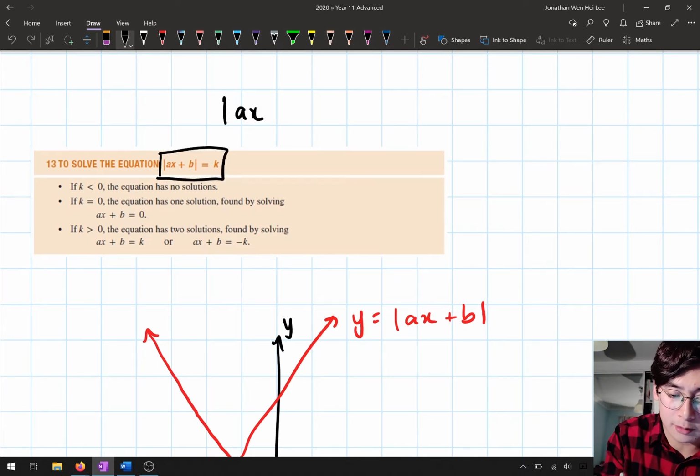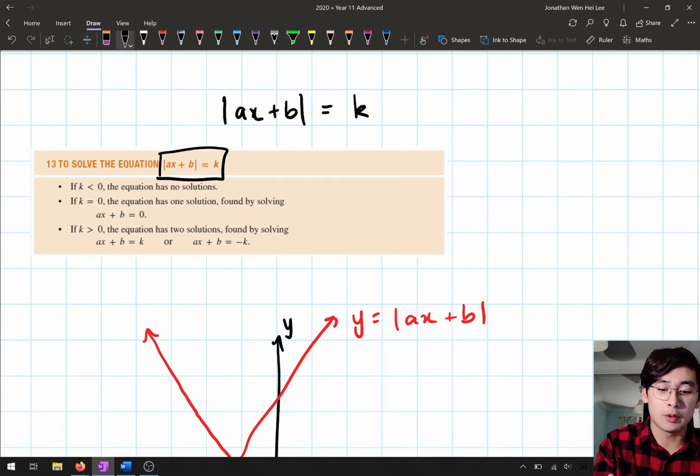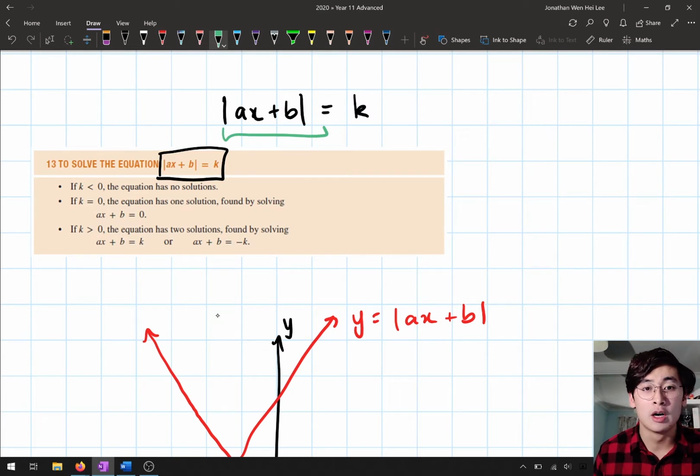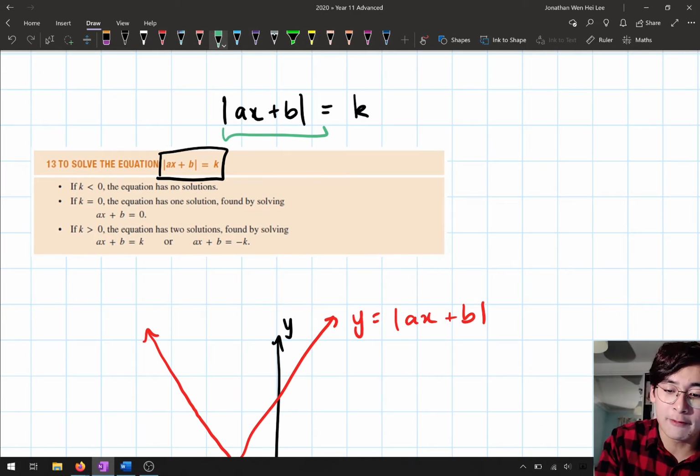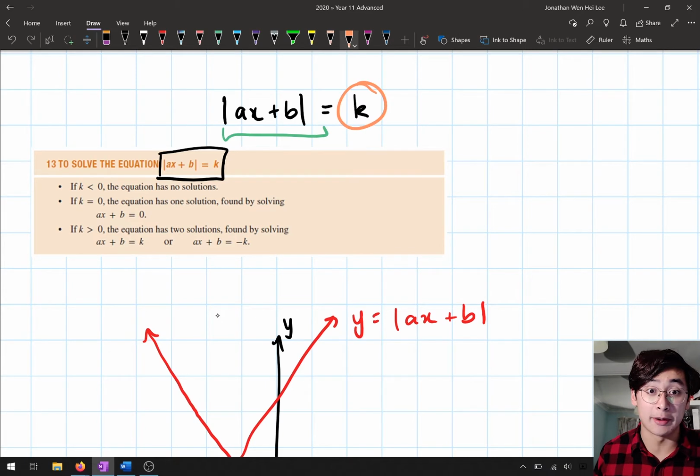Absolute value of ax plus b is equal to a number k. Last lesson we looked at graphing these types of graphs. So absolute value of ax plus b is just a general form of an absolute value function. A and b are just different values that we can substitute into our equation. And there are three things that can happen when you are solving this type of equation. It all depends on the value of this k over here. So let's have a look.